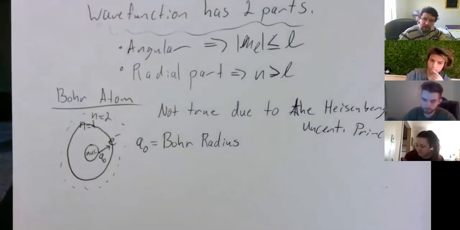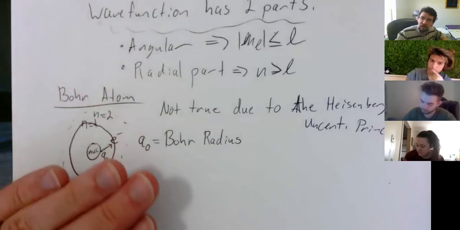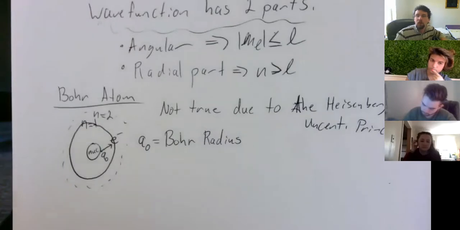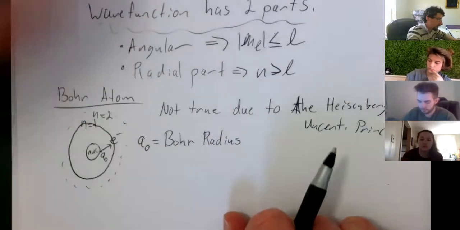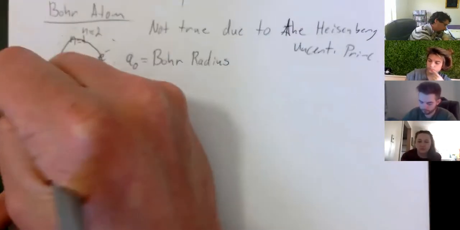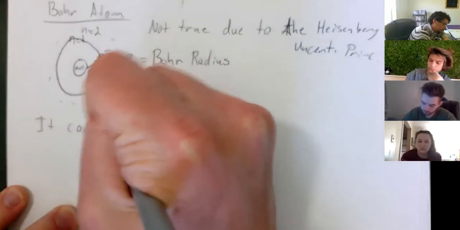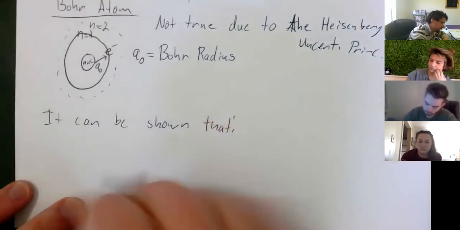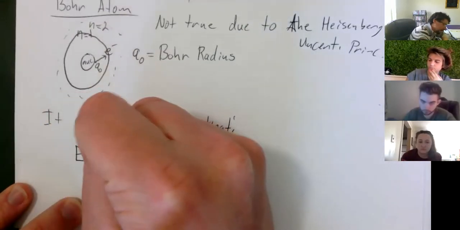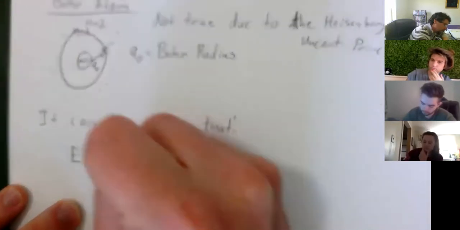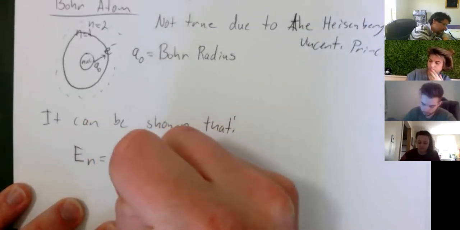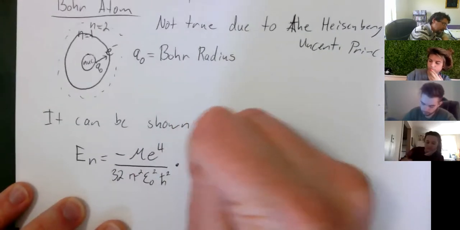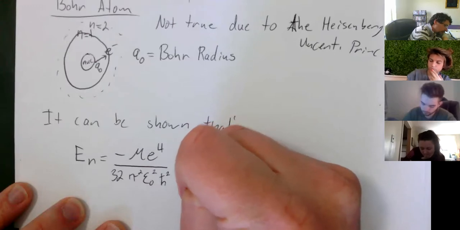But we're going to find something interesting out today as we look at the energy expression and the most probable spots where an electron can be found for a hydrogen atom. It can be shown that the energy expression you guys used, E sub n, is equal to negative mu e to the 4th divided by 32 pi squared epsilon naught squared h bar squared times Z squared over n squared.